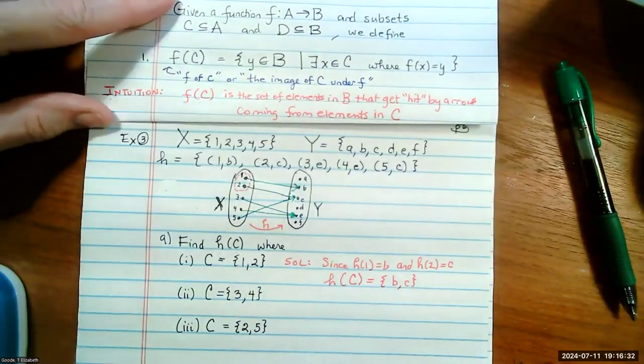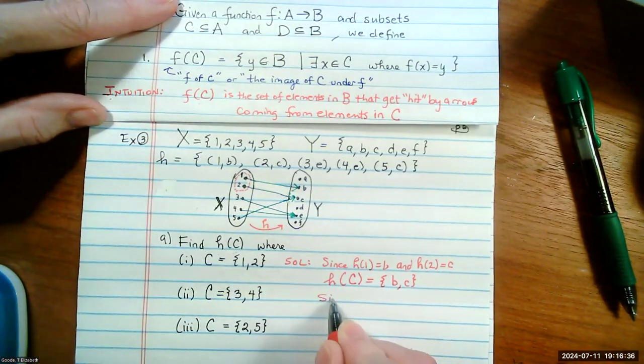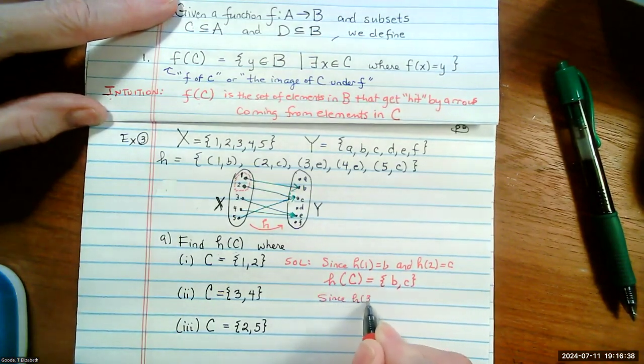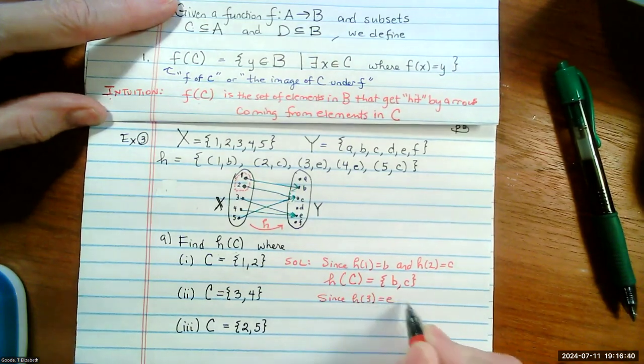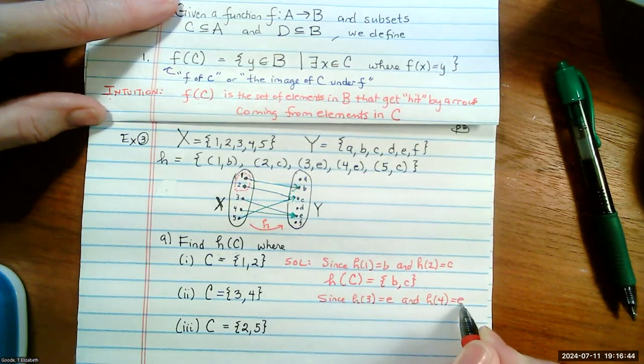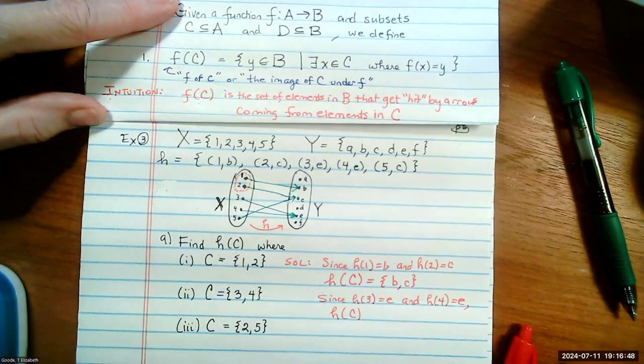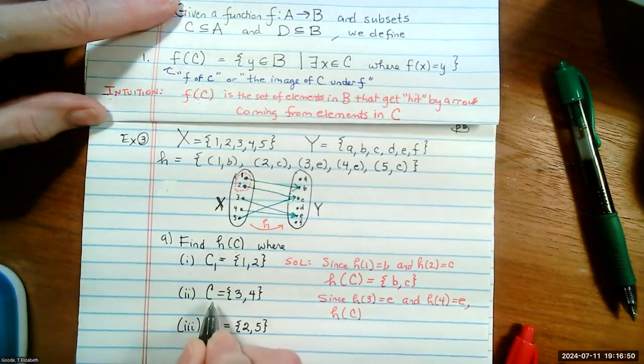There, everybody can find those. Since H of 3 is E and H of 4 is E, we could call this C1, C2, and C3 since they are different.